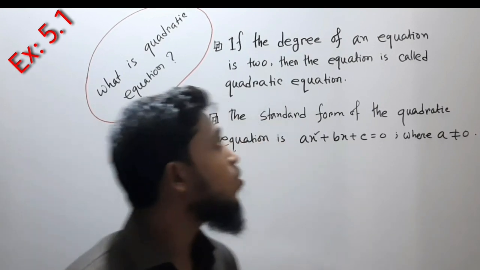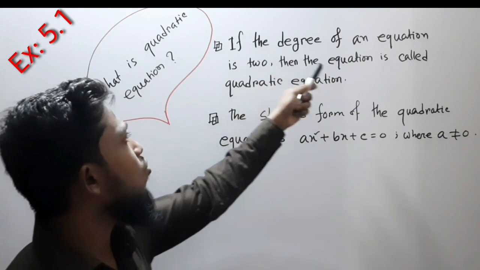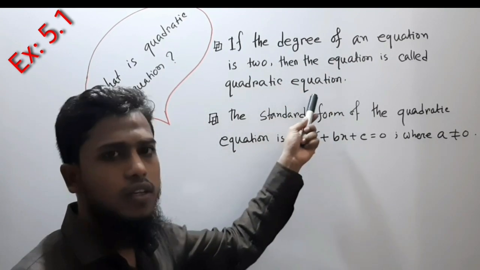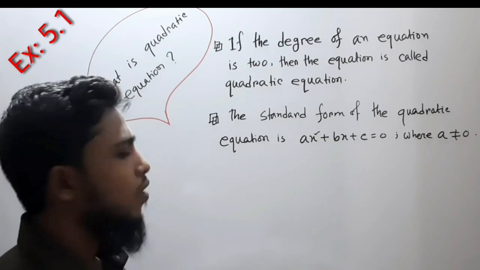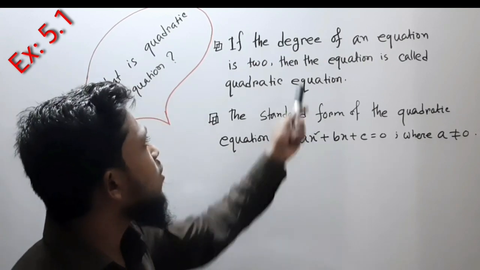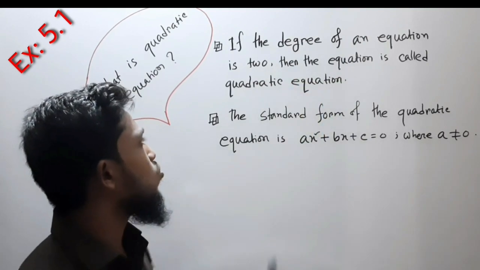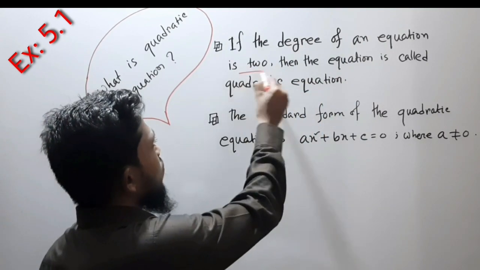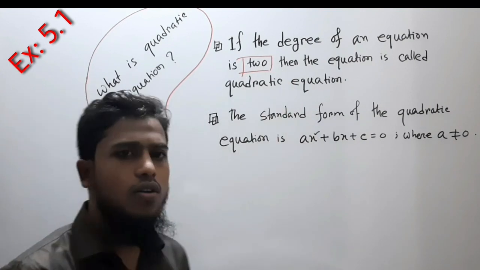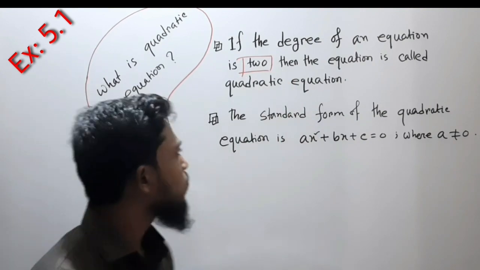Look, if the degree of an equation is 2, then the equation is called a quadratic equation. Again, if the degree of an equation is 2, then the equation is called a quadratic equation.